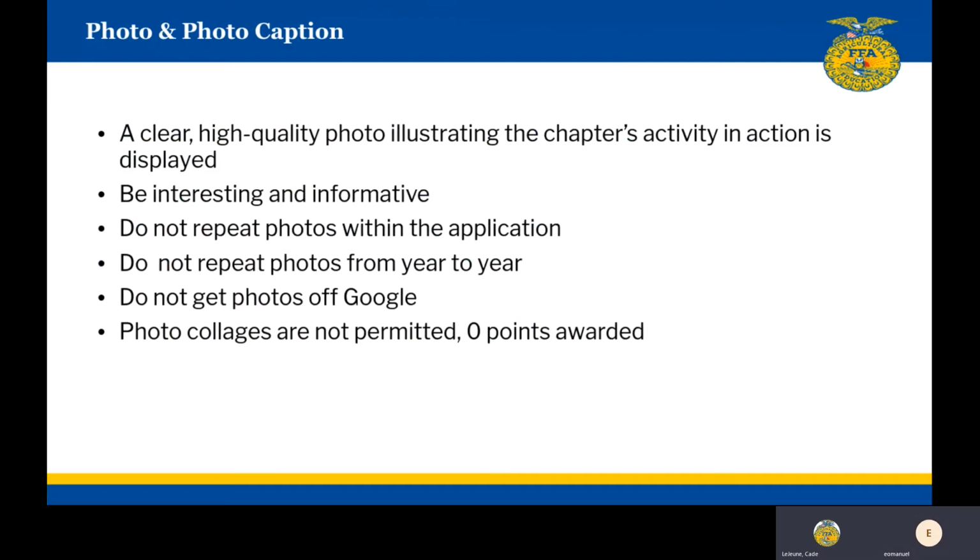And even with your activity descriptions, and you're limited on characters for that too, a lot of times your activity descriptions are really close from year to year. Well, they keep old files of your chapters. They keep all of that at National FFA, your old award applications. And so they can go back and look, did they change this enough or is it just copied and pasted? And so, yes, some of your wording is going to be the same.